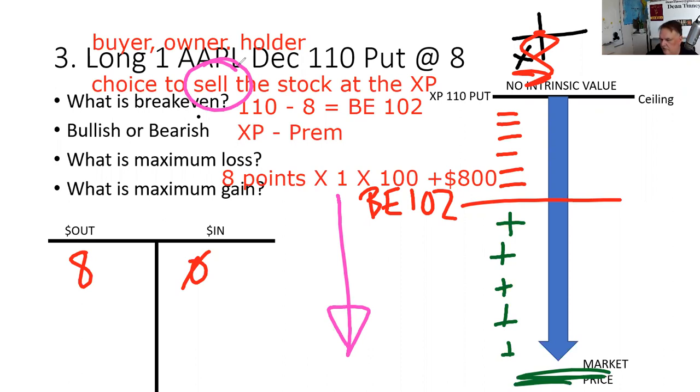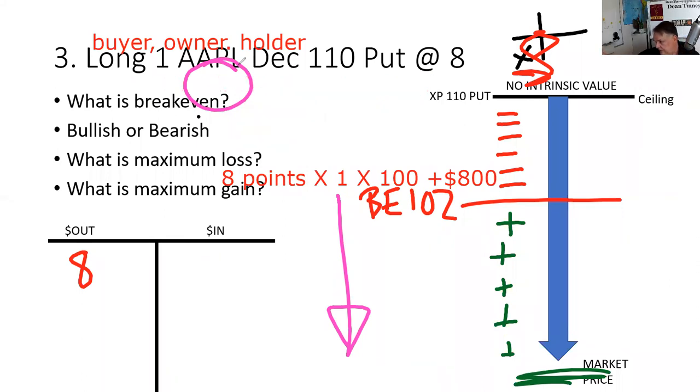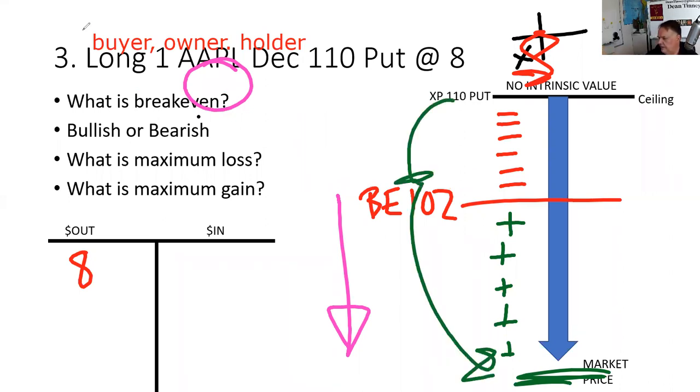So the maximum gain, there's a lot of ways to think of the maximum gain. One way to think about the maximum gain is strike price less premium to 0. That's one way to think about it, or break even to 0, however you get there. The best case is I get the stock out of the trash can and I stick it to somebody at 110.